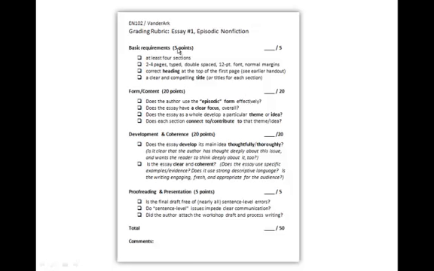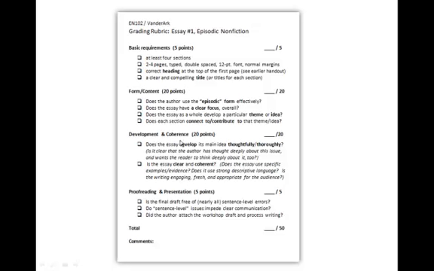First, basic requirements. I'll give you 5 points just for following those guidelines. Form and content focuses on the episodic idea and whether the essay has a clear focus overall. That's one of the challenges that we've talked about, is finding a focus and having every section of the essay contribute in some way to that.